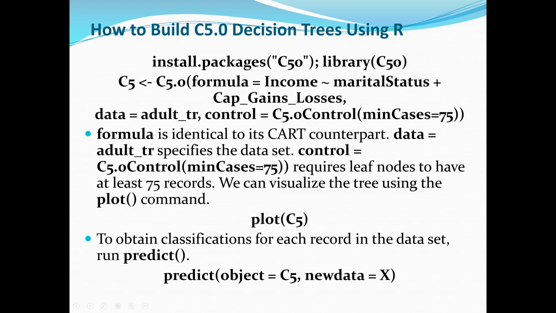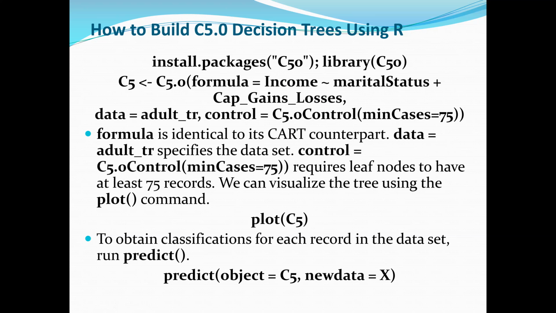And also as before, the target variable is to the left of the tilde, so our income. And the predictor variables are to the right, separated by a plus sign. So this means my target variable, I want to predict income based on the person's marital status, whether married or not, and also cap gains losses. So we have two variables that will predict the income for us.